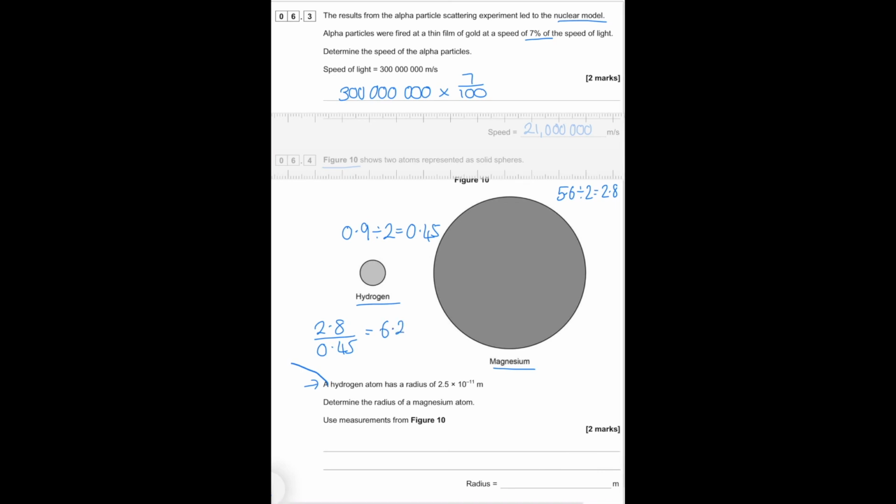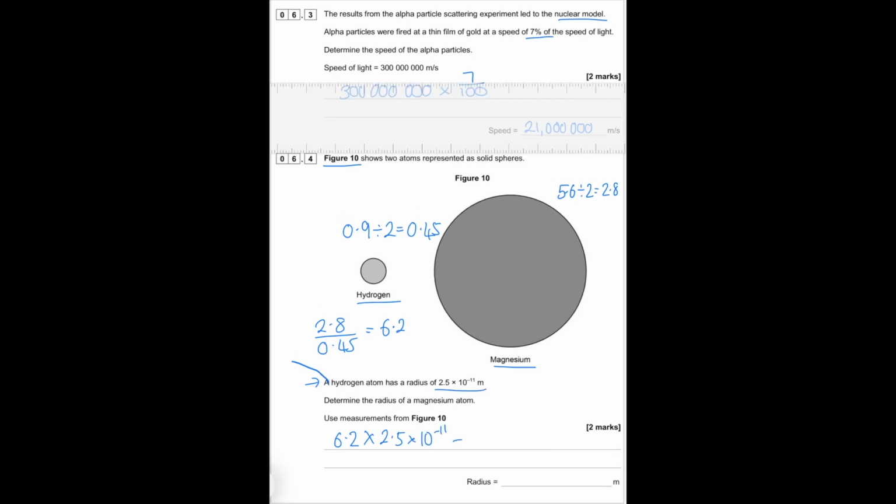Now, what that means is the radius of the magnesium is going to be 6.2 times bigger than the radius of the hydrogen, which was 2.5 times 10 to the minus 11. We will get an answer of 1.6 times 10 to the minus 10.